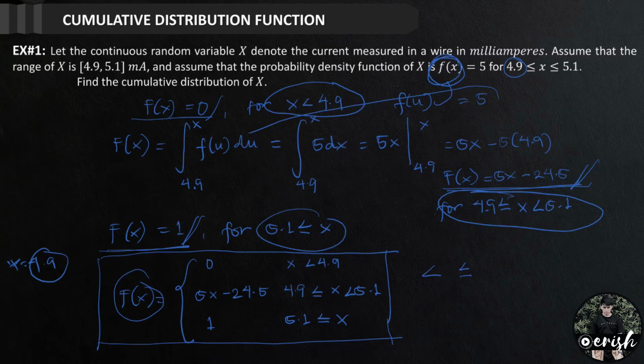Yung f of x can be defined as either 5x minus 24.5 or 1 naman dun sa isang endpoint which is 5.1. So in other words, yung f of x natin kasi is a continuous function. For a discrete random variable, yung f of x is not a continuous function. So sometimes a continuous random variable is defined as one that has a continuous cumulative distribution function. So this is example number 1.